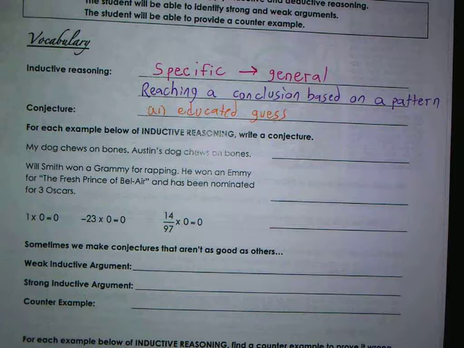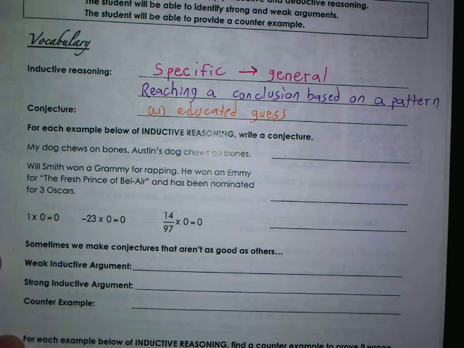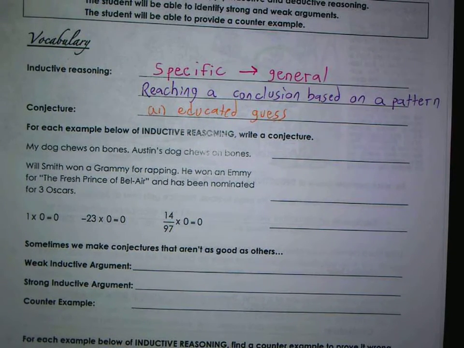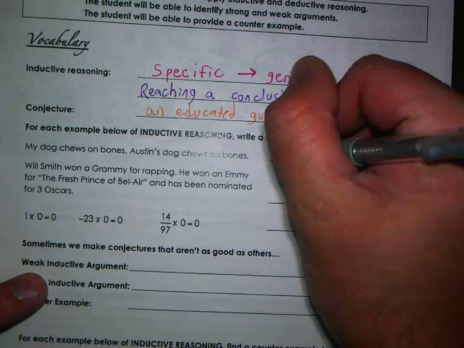If this dog chews on bones and Austin's dog chews on bones, what would be something general? A hint: I almost always use the word all, because you're going specific, specific, and then general. What can you say? You can say most dogs chew on bones. When you're going to something a little more general, you'll see most sometimes, but let's just stick with the word all, okay? Yeah, all dogs.